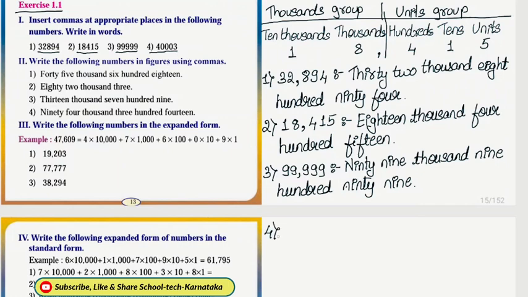Where do we place comma? After our 10,000s group, 40,000, after our thousands group, 40,000, 3. And in words we write it as 40,000 3.